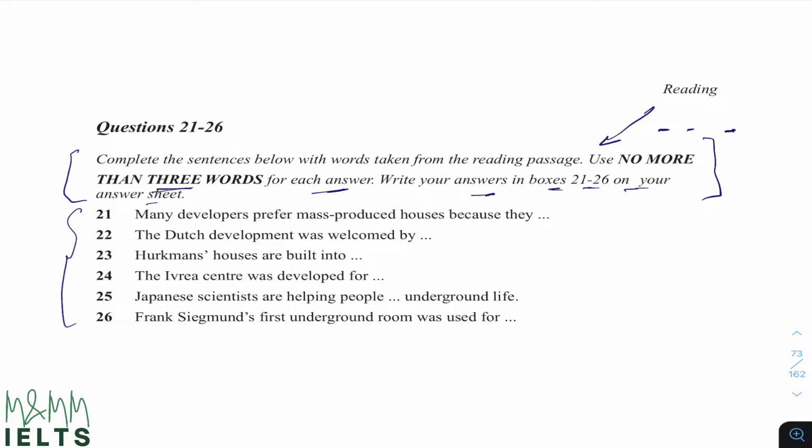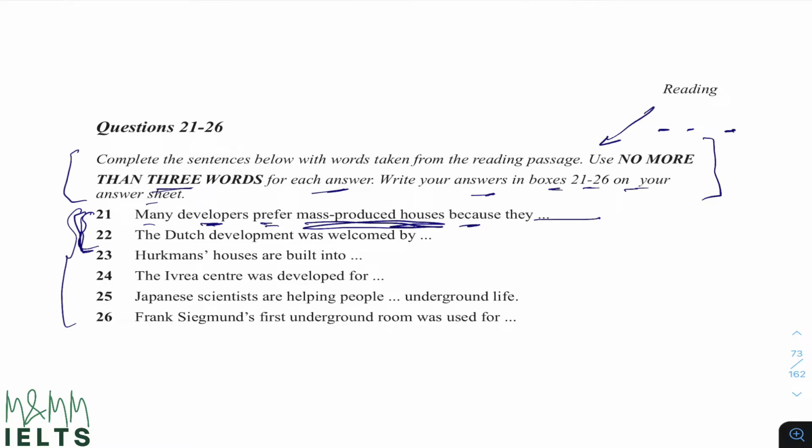Now, second tip that I gave you was always read the sentence and identify the keywords from there. Never read out the paragraph first. So I haven't even opened up the paragraphs yet, but what I'll do is we'll do these first 2 questions over here now. It says, many developers prefer mass-produced houses because they dash. Obviously, we have to make sure the answer is grammatically correct. So here it says, many developers prefer mass-produced houses.